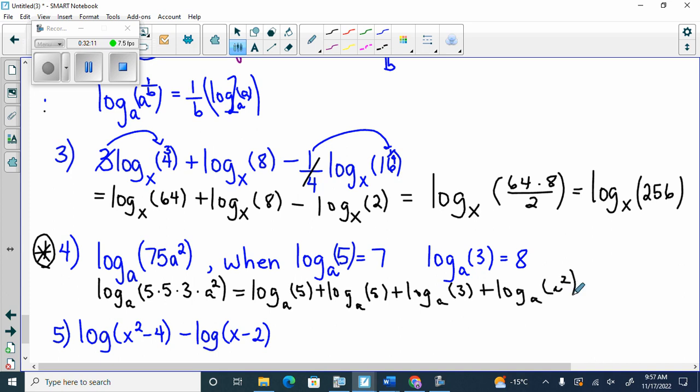And so you'll get 7 plus 8 plus, what's this? 2. Good one. So you get 14, 15, 16 plus 8 is 24.